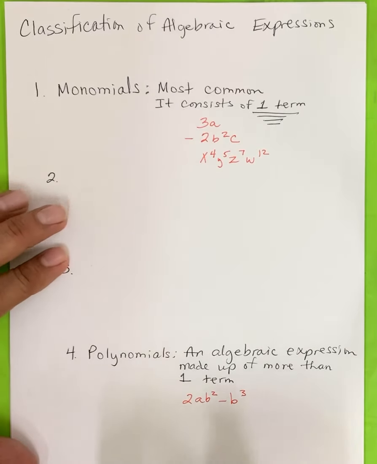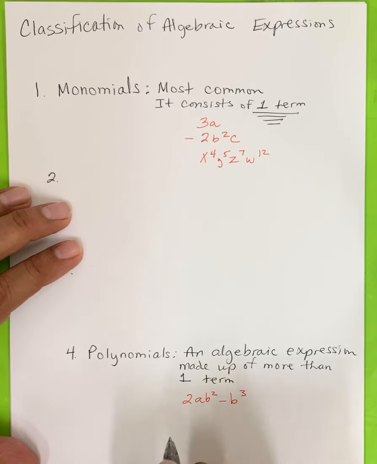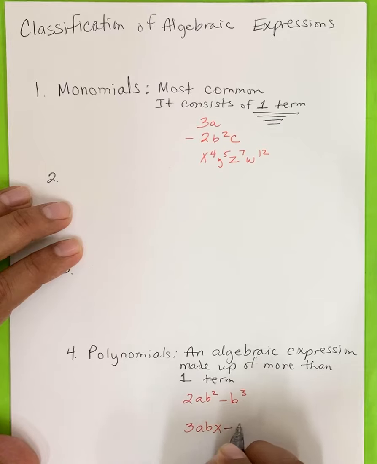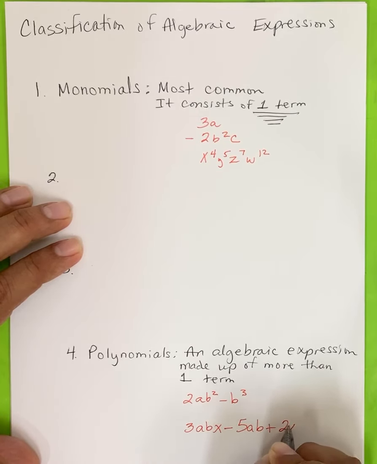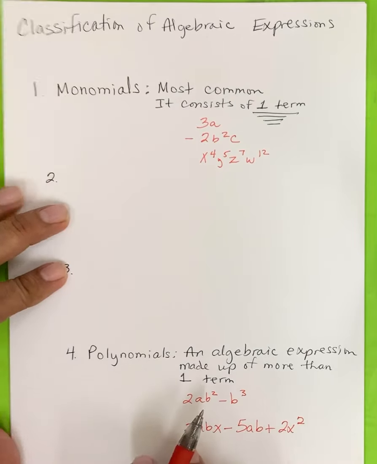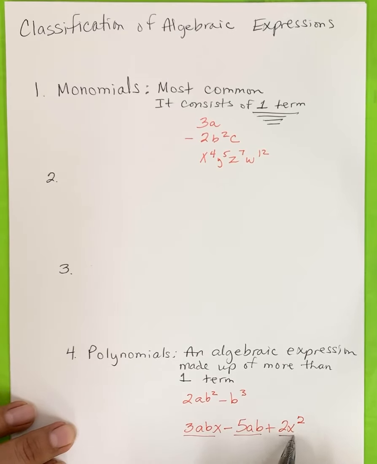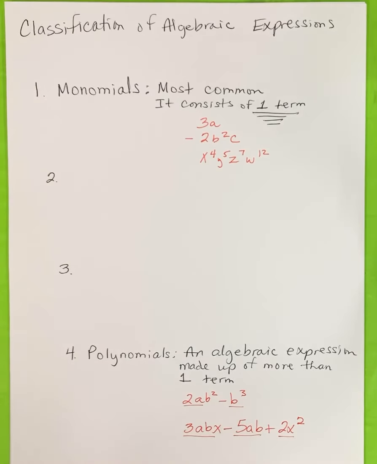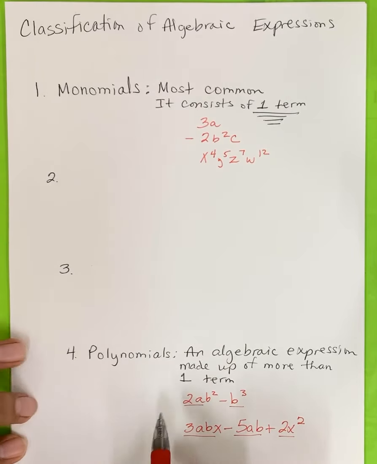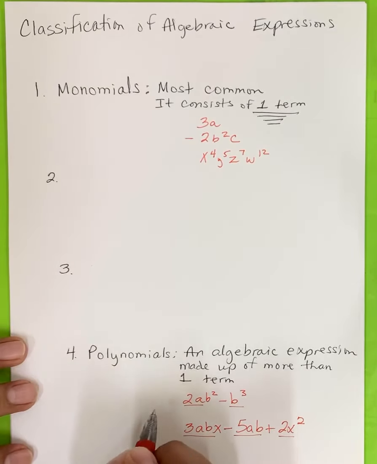Another example would be 3abx minus 5ab plus 2x squared. This algebraic expression is made up of more than one term because we have three: 1, 2, 3 terms. So these are polynomials.